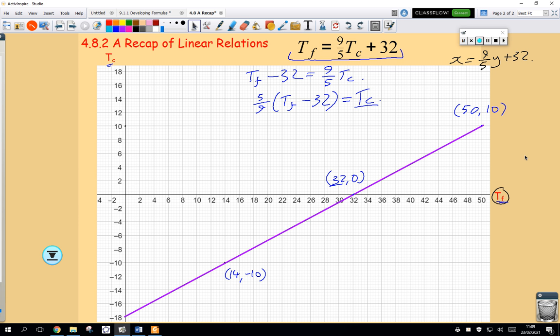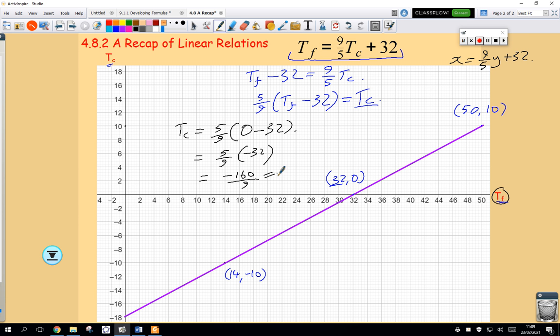So what is 0 degrees Fahrenheit? If I plug in 0, the temperature in Celsius would be 5/9 of 0 minus 32, which is 5/9 of negative 32. 5 times negative 32 is negative 160, over 9.